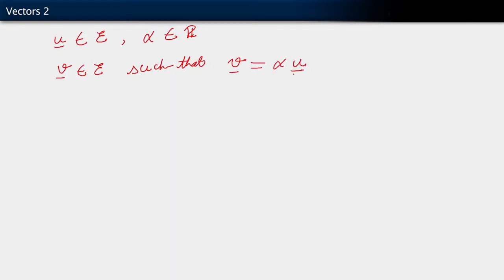Okay? So what this simply means is that the scalar multiplication of a vector gives us another vector, right? Basic enough and straightforward enough.